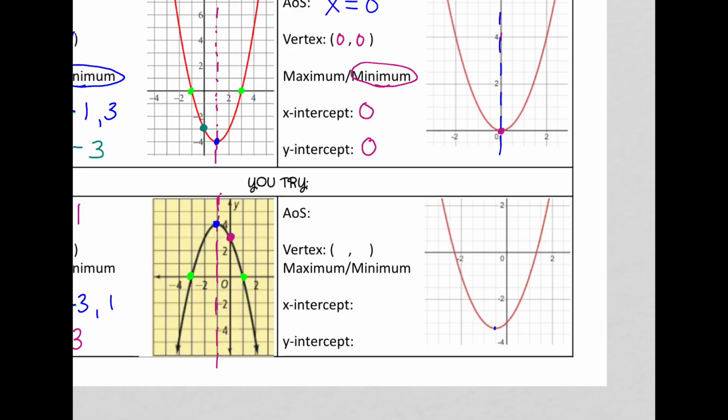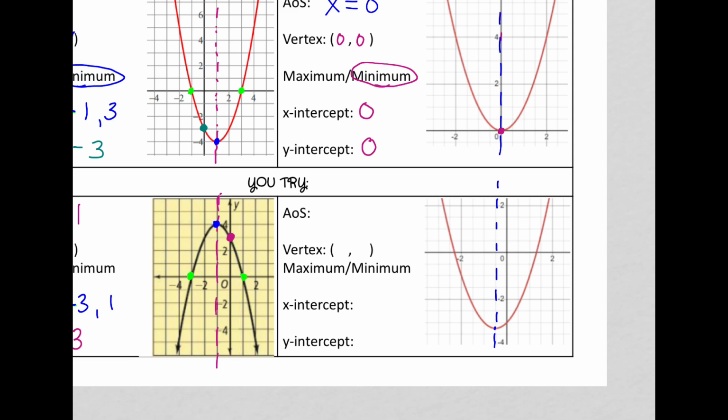Okay, so if we take a look at the second one on the U-try, this one's going to be a little bit different because it's not going to be quite as plain to see. I look for that axis of symmetry, and this graph is a little bit harder to see. It's kind of faint, but we can do the best that we can here.